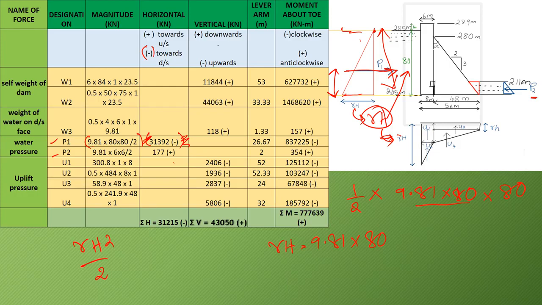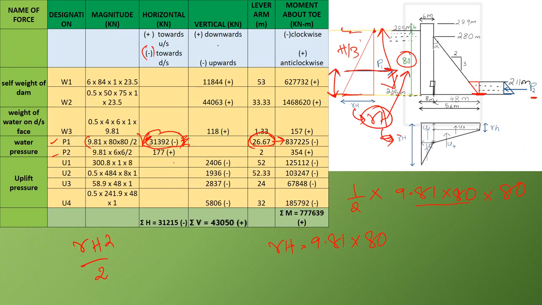Okay, this is the toe, and this is the level of the toe, and this is the lever arm height. So that is equal to h by 3, that is 80 by 3, which is obtained as 26.67 meters. To find the moment, we multiply 31,392 by 26.67.